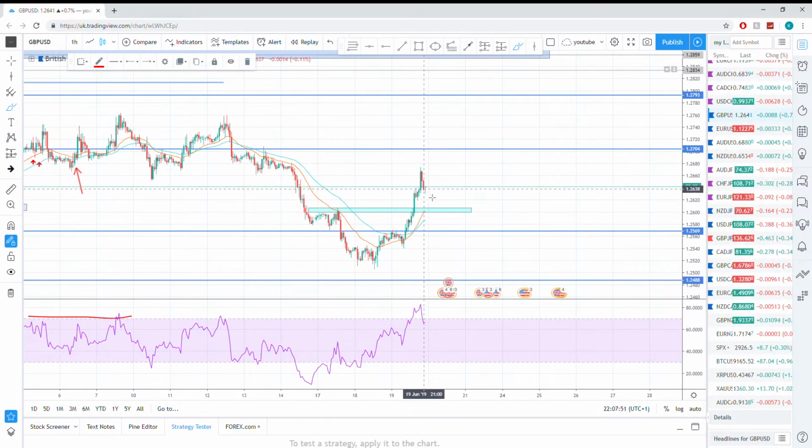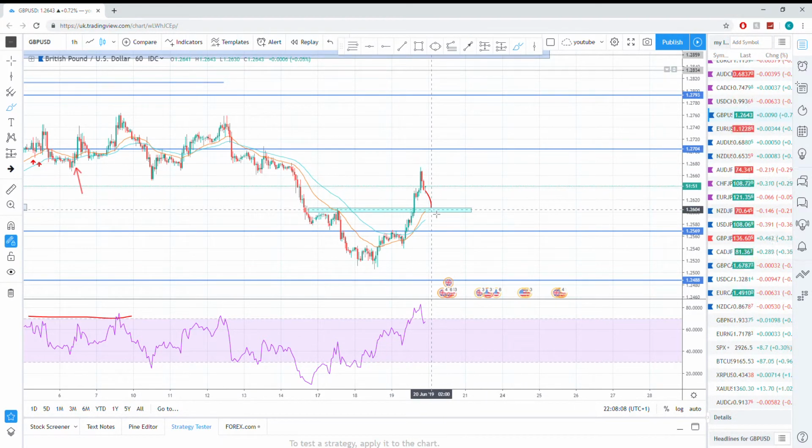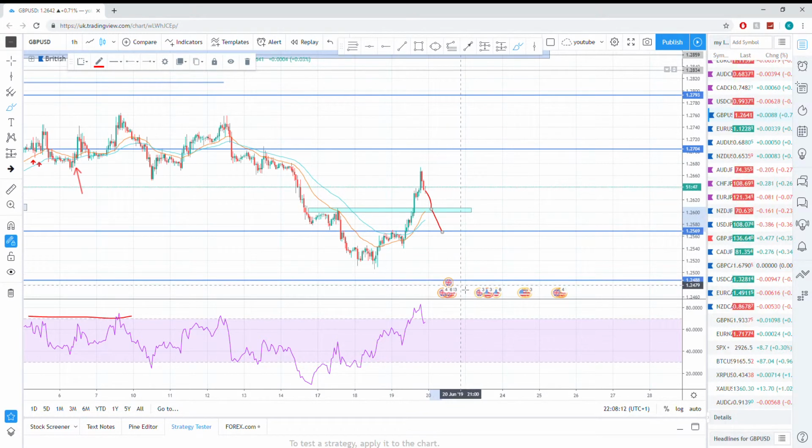We could find price to consolidate here or find rejection as this EMA curls over. I'm looking for that rejection from the 25 EMA, but if we fail to close below, my next entry point would be at this key level here at 1.2569, hopefully getting the right confirmation that we need before it sends us up for our TP.